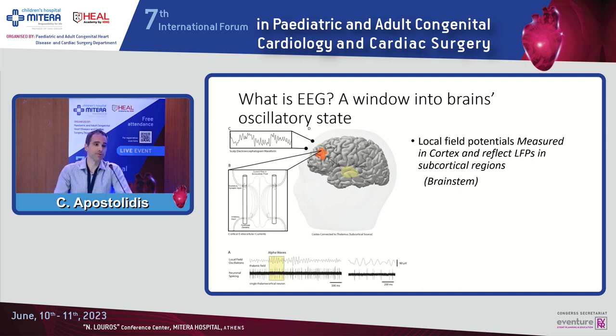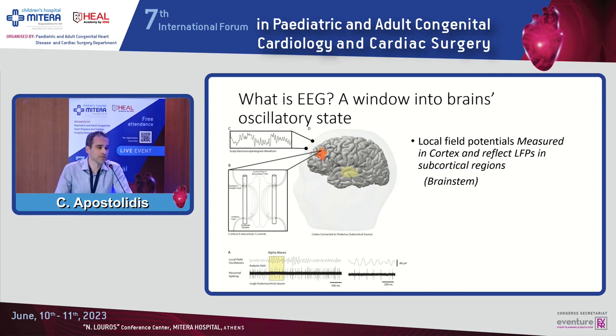The pyramidal neurons in the cortex, they're very nicely aligned, parallelly aligned, and they produce action potentials, local field potentials, which are depicted by the surface electrodes, and they give us a display of positive and negative deflections of specific amplitude and specific frequency.